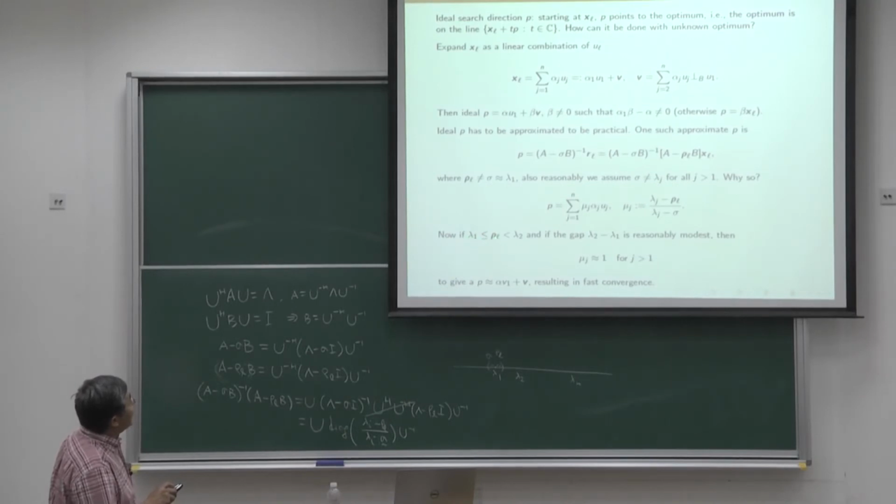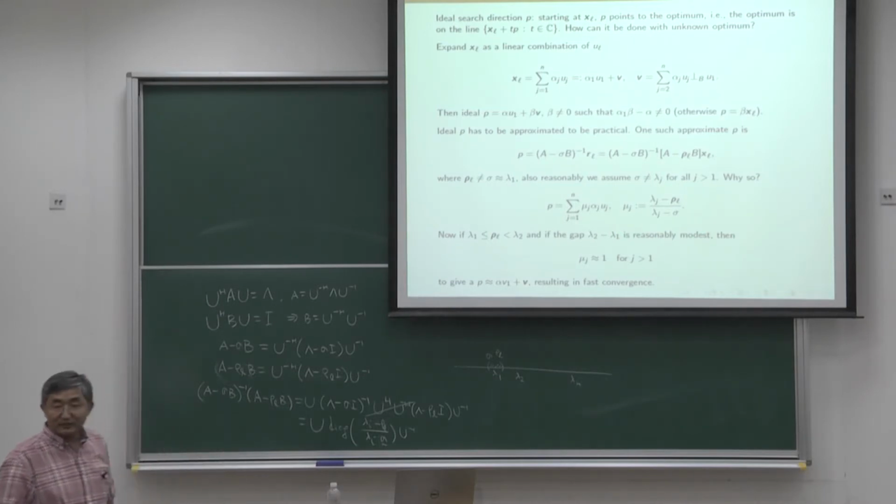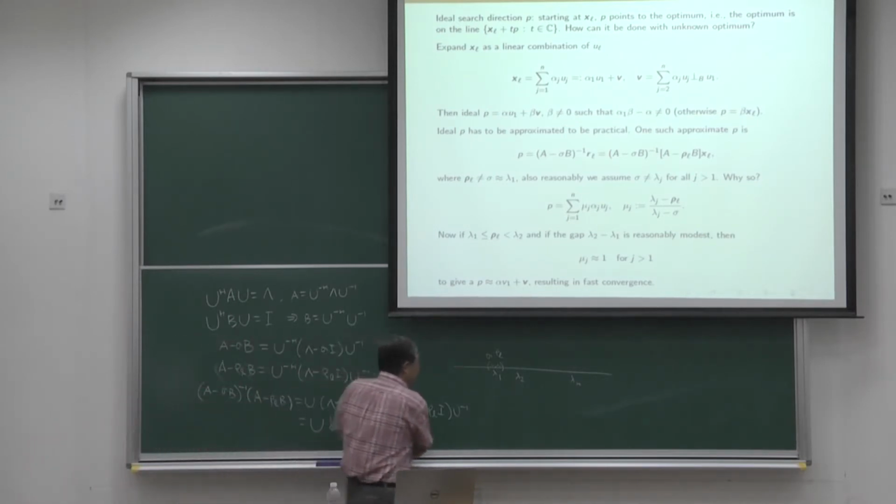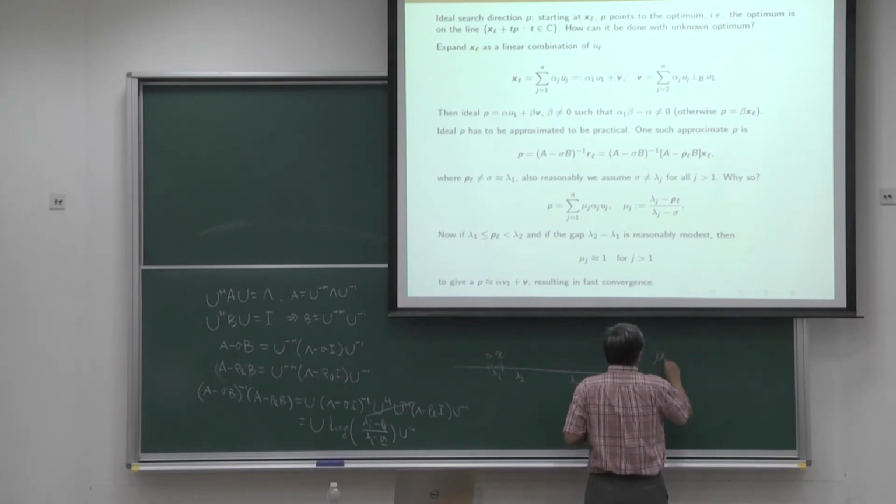Now, if rho_l is between lambda 1 and lambda 2 and close to lambda 1, and this gap is reasonably modest, so it's not like 10 to the minus 5 or something, there's a non-trivial gap. One can show roughly, when you take a piece of paper, that mu_j is almost equal to 1 for j bigger than 1. So this is a sum to n. Remember, we have this ideal direction, so this can be separated into two terms: mu_1 alpha_1.